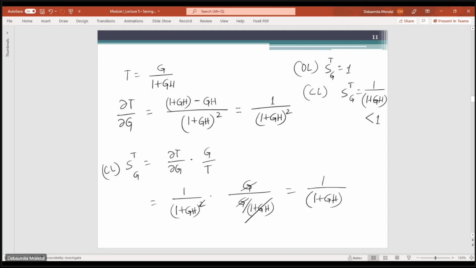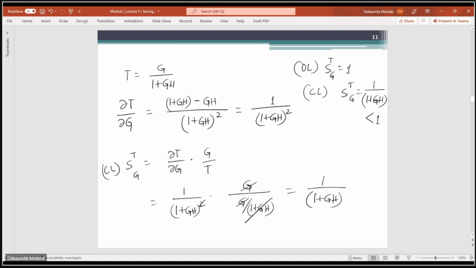So if you have a feedback mechanism, the sensitivity of the closed loop system with respect to any variation in the value of G is reduced by a factor of 1 plus GH. So the sensitivity is much less.